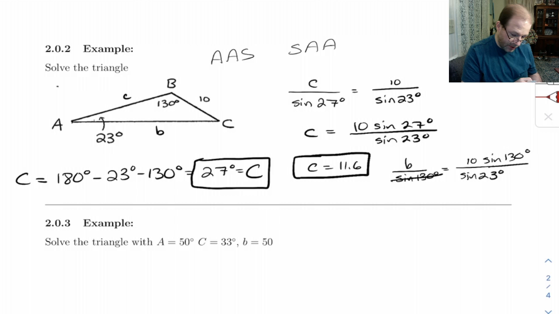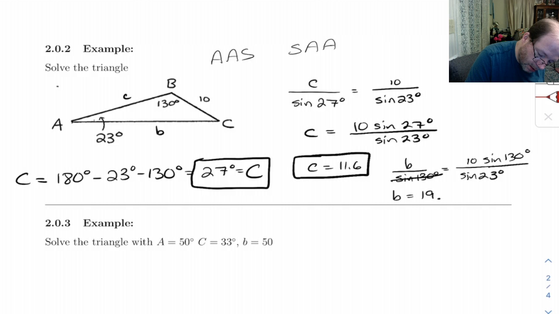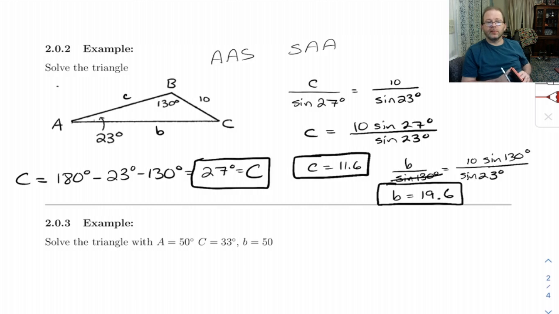So I get 10 sine 130 divided by sine 23, which gives me 19.6. On all these problems, I'm going to round to just one decimal place. I'll try to keep that consistent.